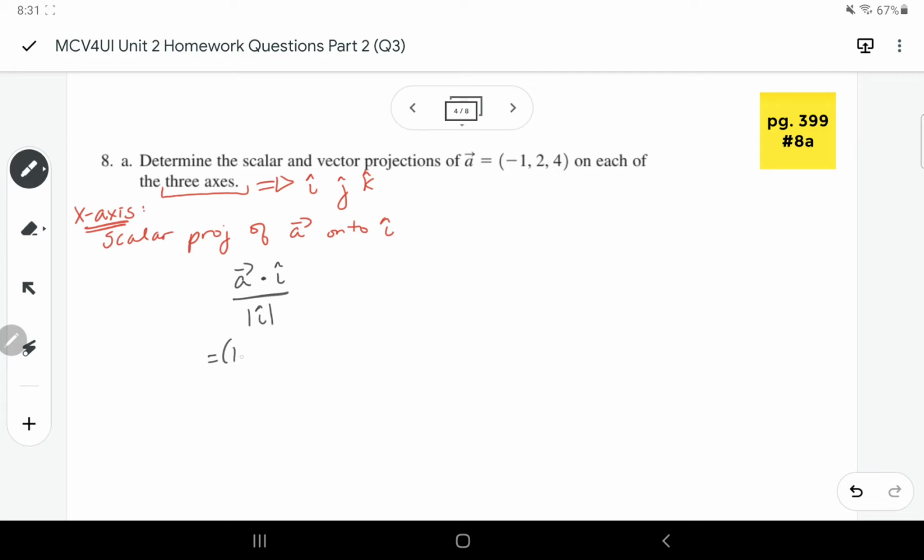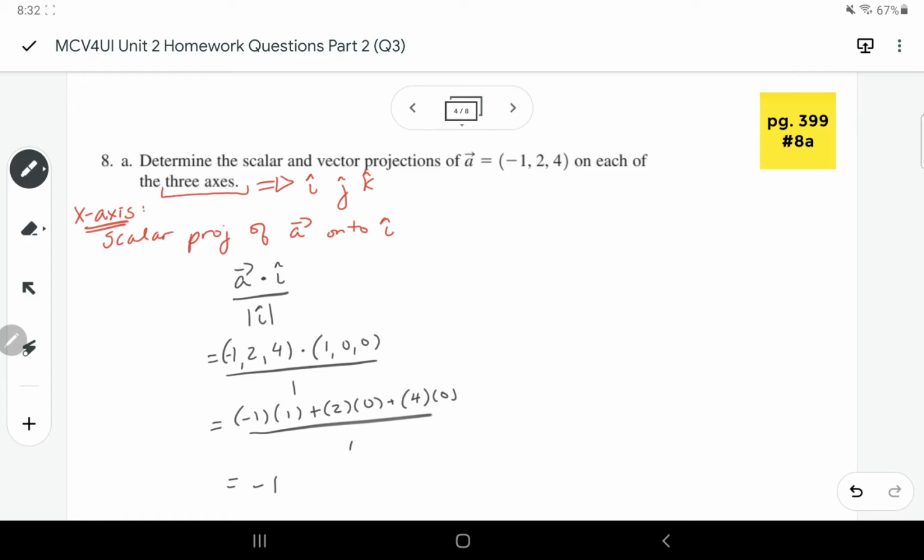So here we've got the scalar projection would be -1, 2, 4 dot 1, 0, 0, and the magnitude of i hat, I don't need to calculate it. I know that that's a unit vector with a magnitude of 1. So here we've got -1 times 1 plus 2 times 0, and you'll see what's happening here with the 0 and 0 in the i hat.